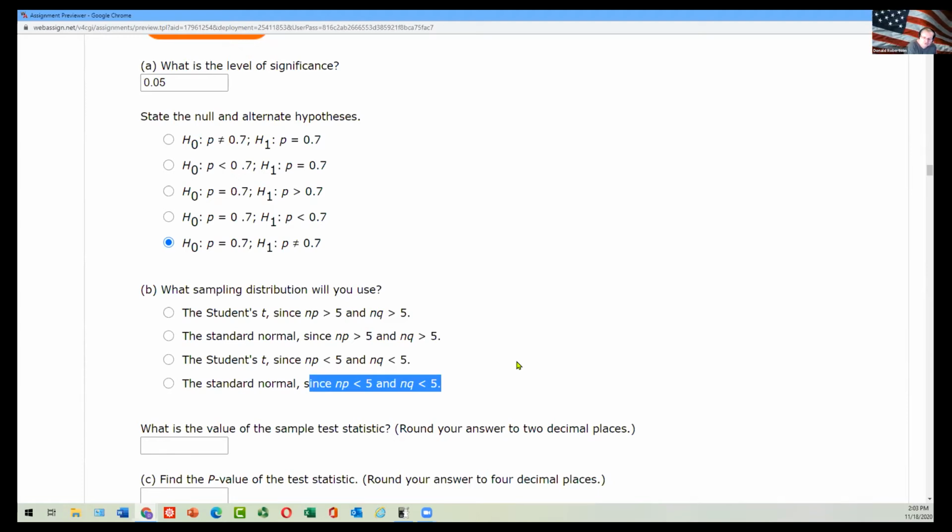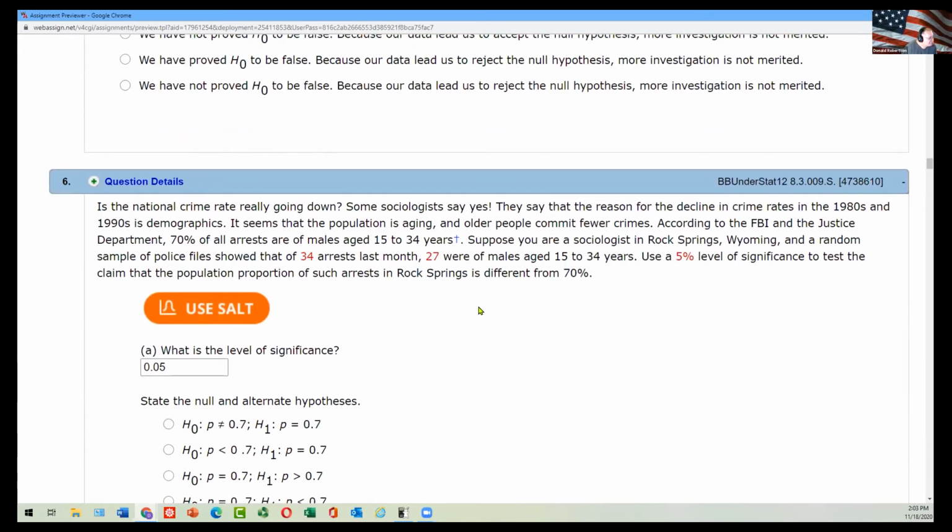You cannot do statistical analysis on proportions unless you have enough people saying yes and enough people saying no. So np is basically the number of people in your sample who said yes, and nq is the number of people who said no. So if I go up to this data, 27 said yes, I got arrested.